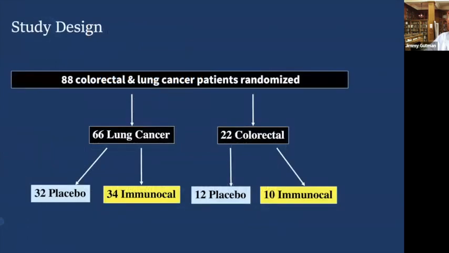Initially, we wanted to look at both lung cancer and colon cancer, but we didn't recruit enough bowel cancer patients, so we focused only on lung cancer. It's important to note that in our inclusion criteria, these patients had to already have shown signs of muscle loss. In other words, they were in late stage cancer by definition.